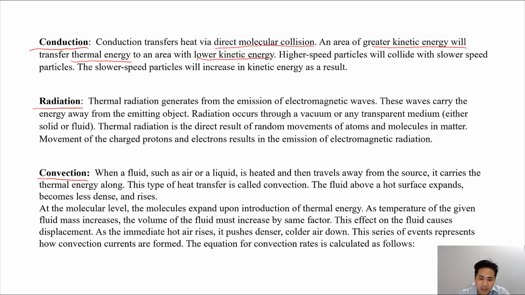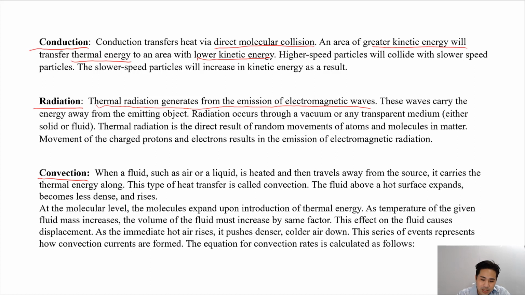Definition is, in this case, thermal radiation generates from the emission of electromagnetic waves. These waves carry the energy away from the emitting object. Radiation occurs through a vacuum or any transparent medium, either solid or fluid. Okay, for instance, it could be the sun's rays going through a window into a house.